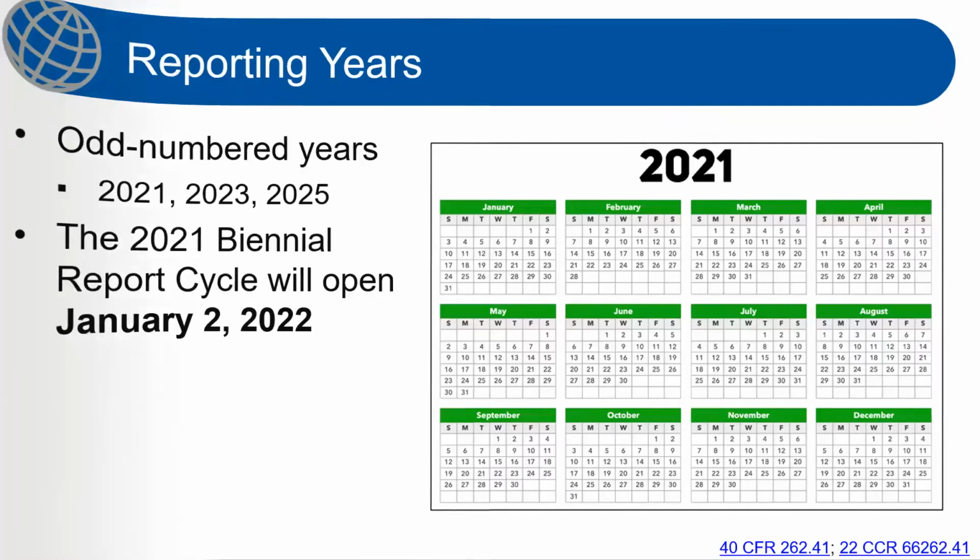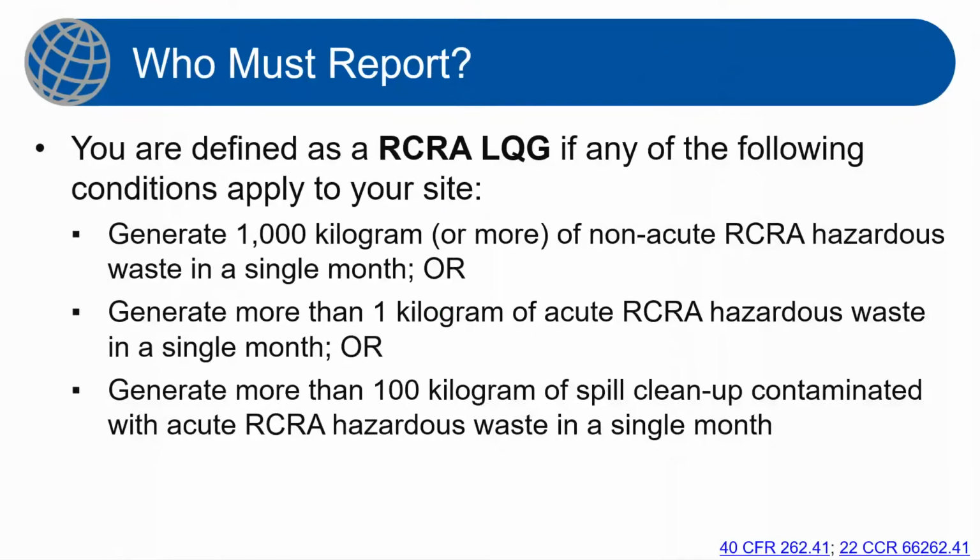Now, as we look at making that determination for RCRA large quantity generators, we are specifically looking at the RCRA federally regulated hazardous waste. And our RCRA hazardous waste, as identified on the screen here, could be considered to be a non-acute hazardous waste or an acute hazardous waste.